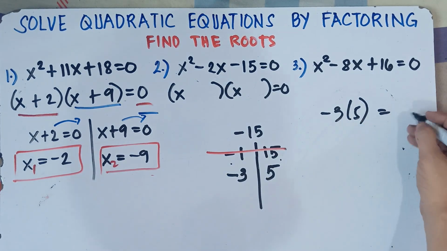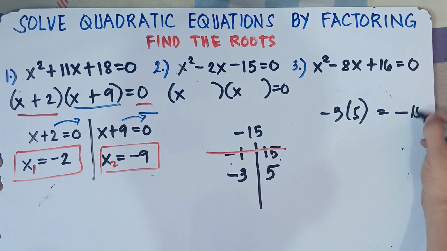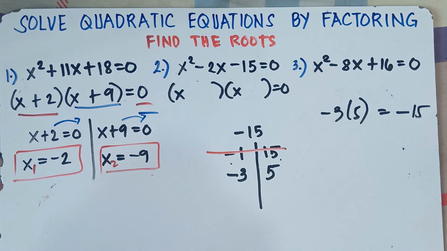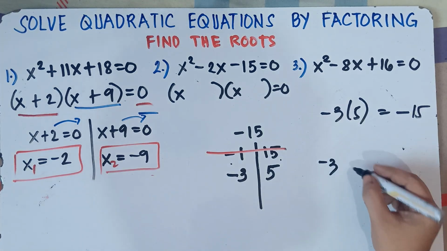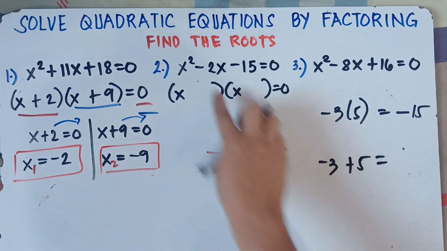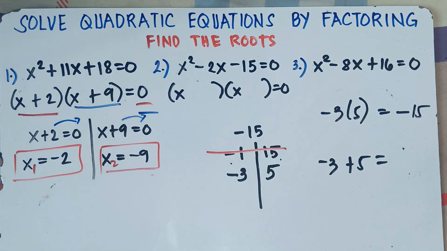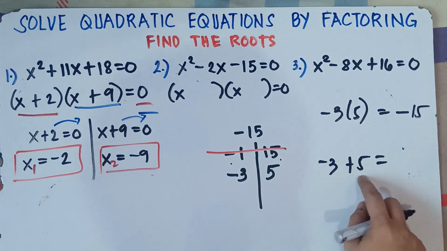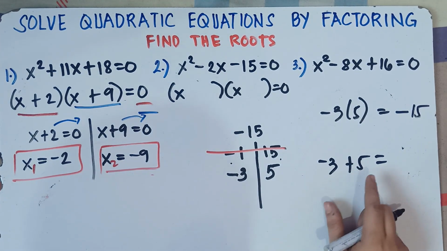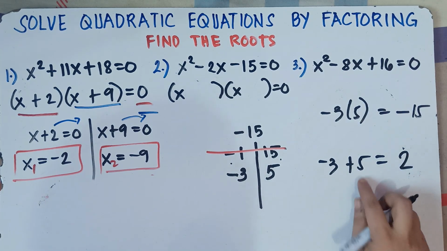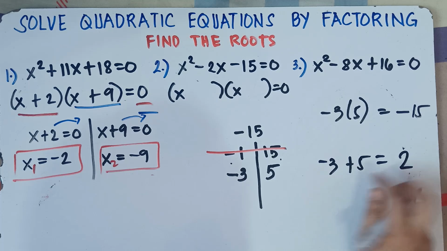Negative times positive is negative, and 3 times 5 is 15. If we combine negative 3 with positive 5, do we get negative 2? Nope. If the signs are not the same, we subtract: 5 minus 3 is 2. Now 5 is greater than 3, so we copy the plus sign. That would be positive 2.